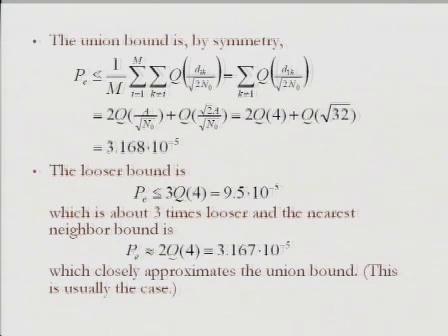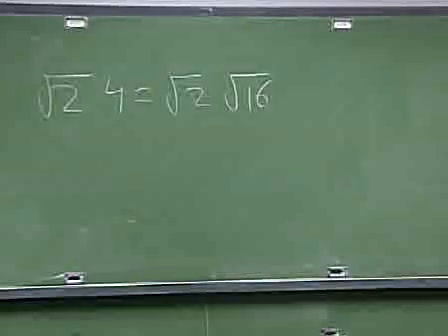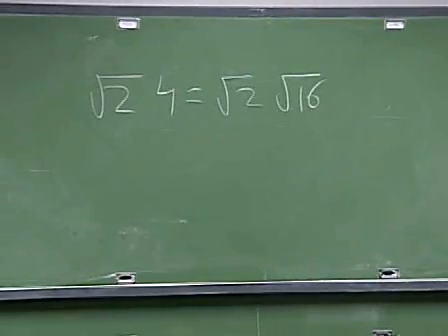And this is root of 2 times root of 16, which is root of 32. Okay, so we can just look at the Q function tables or calculator, and this comes out to 3.1 times 10 to the minus 5. So it's a pretty small error probability in this case.